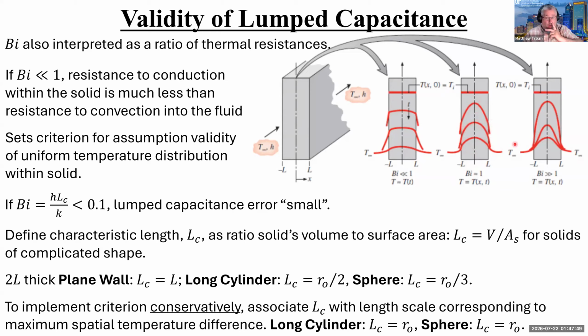And then things just get worse, right? As the Biot number gets bigger and bigger, like bigger than 1, the walls almost immediately fall to whatever the free stream ambient temperature is, where the internal solid holds on to its energy, right?